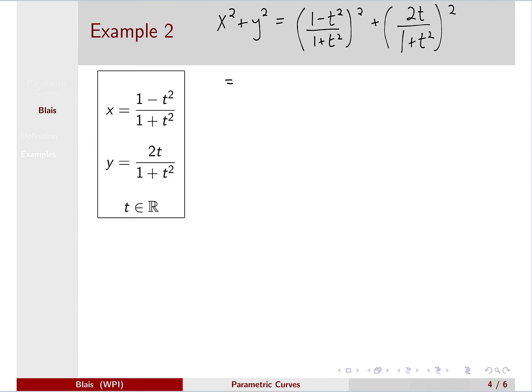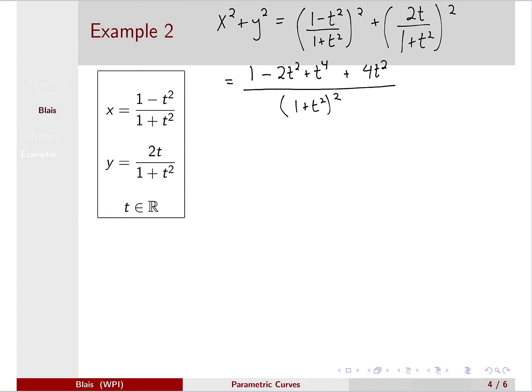Foiling out the numerator here gives us a 1 minus 2t squared plus t to the fourth. Squaring the numerator in the second term gives us a plus 4t squared. And we have a common denominator of the quantity 1 plus t squared, squared.